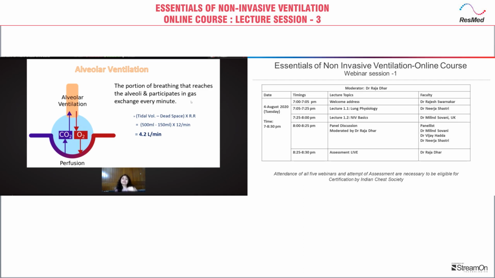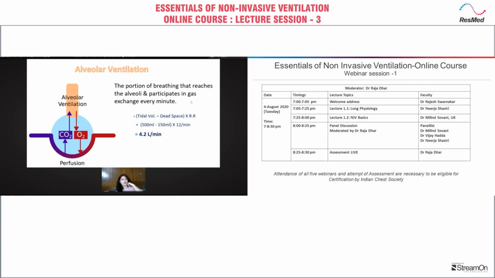So first is the minute ventilation. That is how much air can come into the lungs and out of that, how much takes part in the gaseous exchange. So the total you're getting is your minute ventilation, which is almost around 6 liters. And out of that, 4 liters is the one which is taking part in the gaseous exchange.